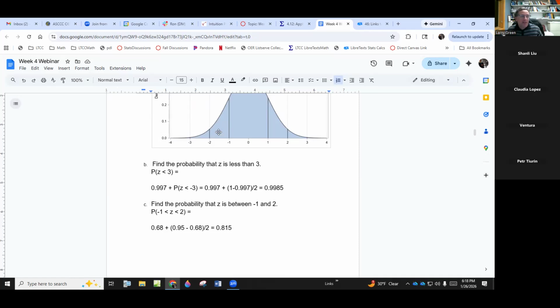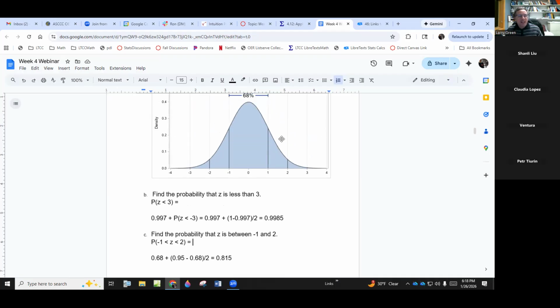So that's between -1 and 1, but we need also between 1 and 2. So the way you do that is say, well, if you look at this between 1 and 2 and between -1 and -2 together, that's going to be everything from -2 to 2 minus everything between -1 and 1. And it's symmetric, so if I divide by 2, I get this one piece between 1 and 2.